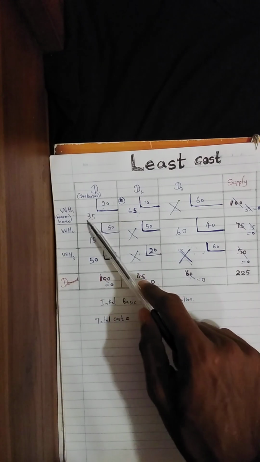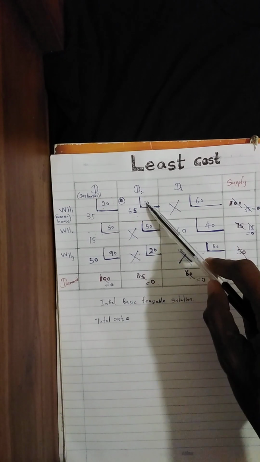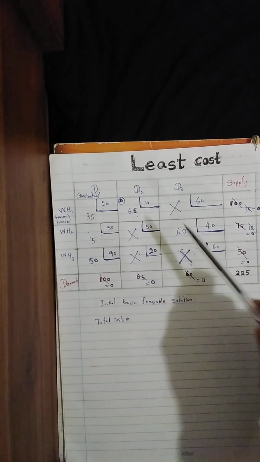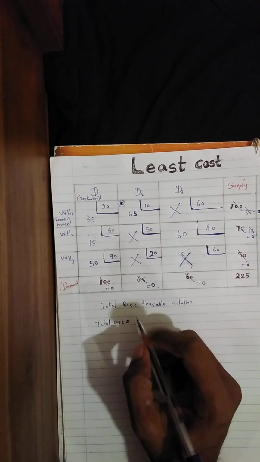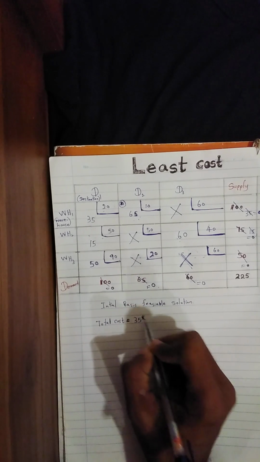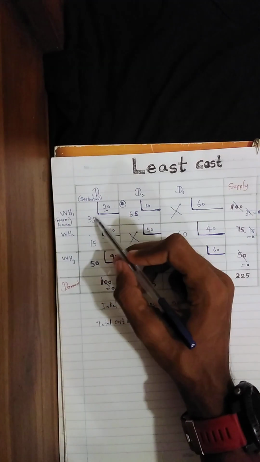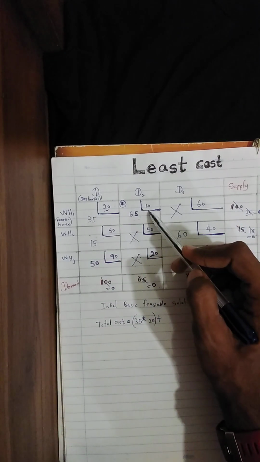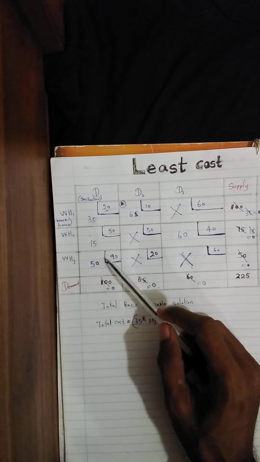Therefore we multiply 35 by 20, plus 65 multiplied by this 10. I'll put these numbers to find the total cost: 35 multiply 20, 65 multiply 10, then 15 multiply 50, 50 multiply 90.